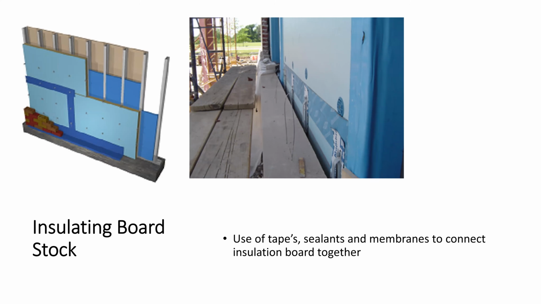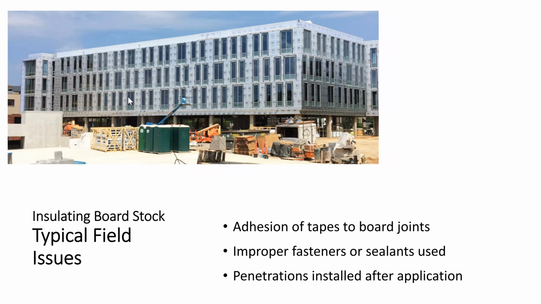They might say you have to use this type of fastener with this plastic cap, and it has to be this if you're using it as an air barrier application. If you're not, then maybe there's opportunities to use different things. But the real thing to look at with these systems is the detailing of the joints and seams. What we find is that the tapes are just not sticking well, because the installer hasn't cleaned off the insulation board.